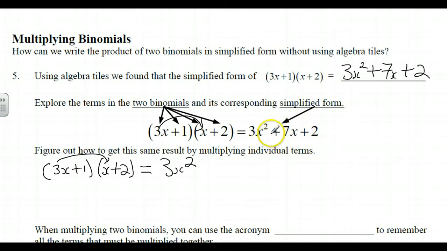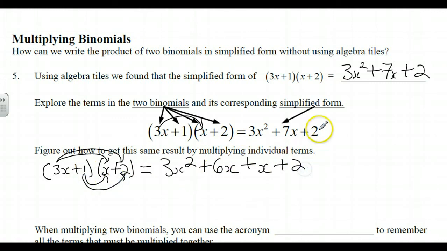How are we going to get this 7x? Well, we're going to go 3x and multiply it by 2. And what does that give us? That gives us 6x. And now we're going to go back and multiply 1 by x, which gives us 1x, which we're just going to write as x. And then we have 1 times 2, and that's where our 2 comes from.